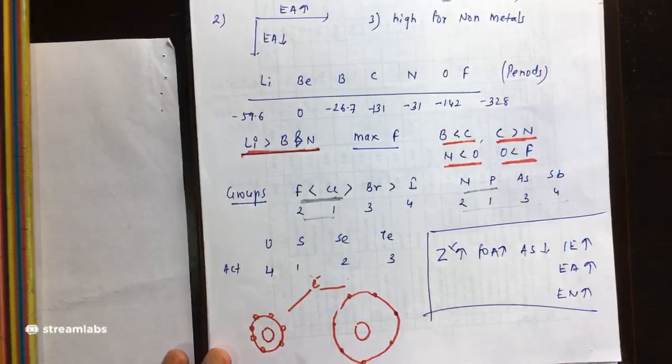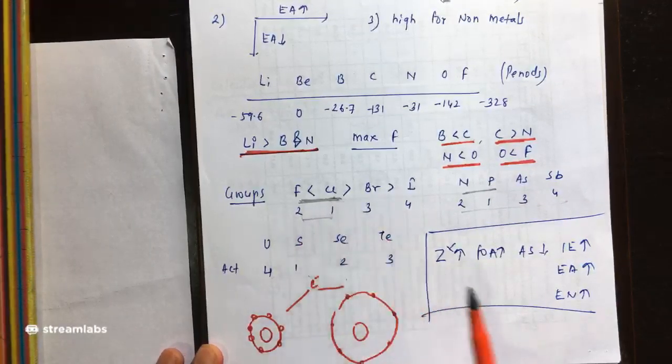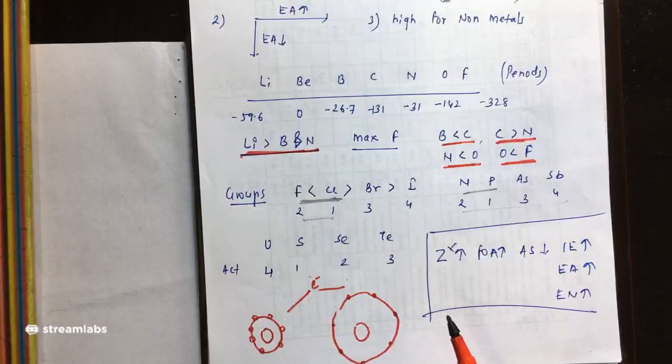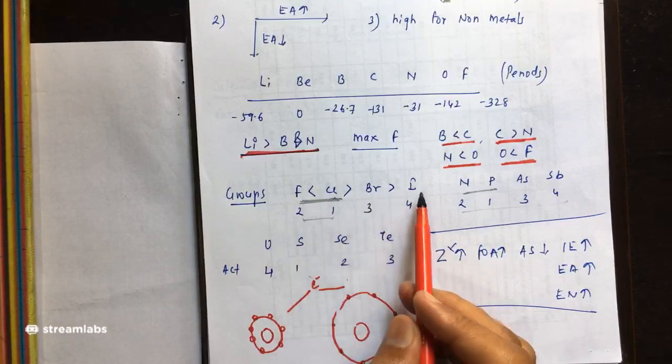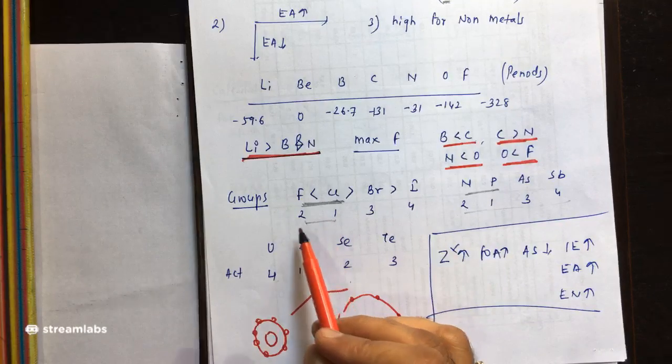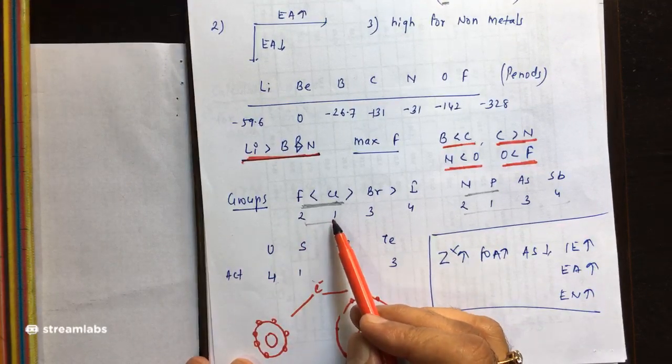Now the group analysis: fluorine, chlorine, bromine and iodine. Normally, going down the group, electron affinity decreases, so fluorine is expected to have the highest electron affinity. But contrary to this, there is an exception: fluorine does not have the greatest. The expected order 1, 2, 3, 4 becomes 2, 1, 3, 4, where 1 means the maximum.